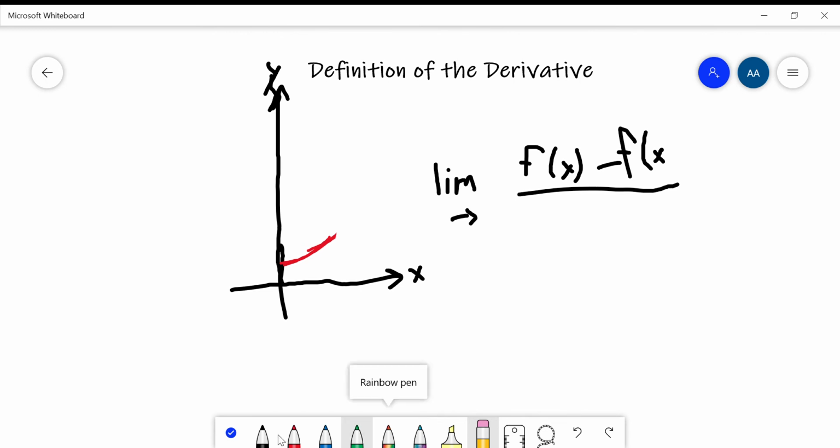So if something is approaching some value, let's say we have a point x plus h. So we have our point x. We'll say x1 actually, to make sure we don't confuse it with the x-axis. And we'll say here is x1 plus h.